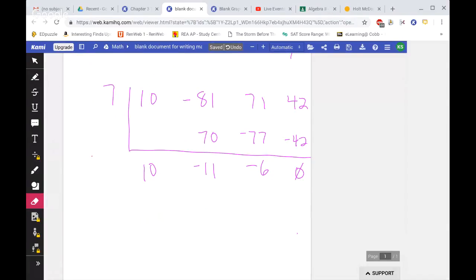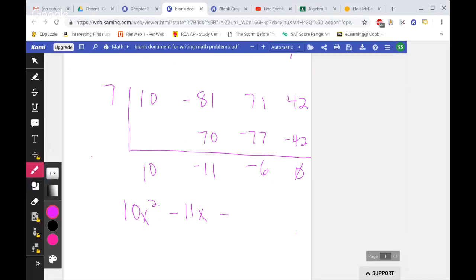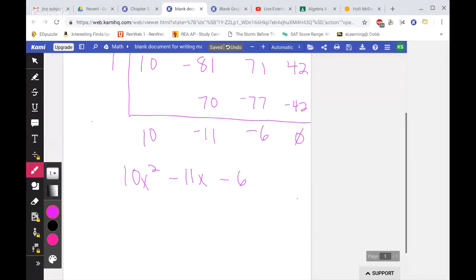Then what we'll do, oh, and you're going to love this factoring, Jake. I know Garrett does. This is 10x squared minus 11x minus 6. This is where I had trouble. Yeah, I know.